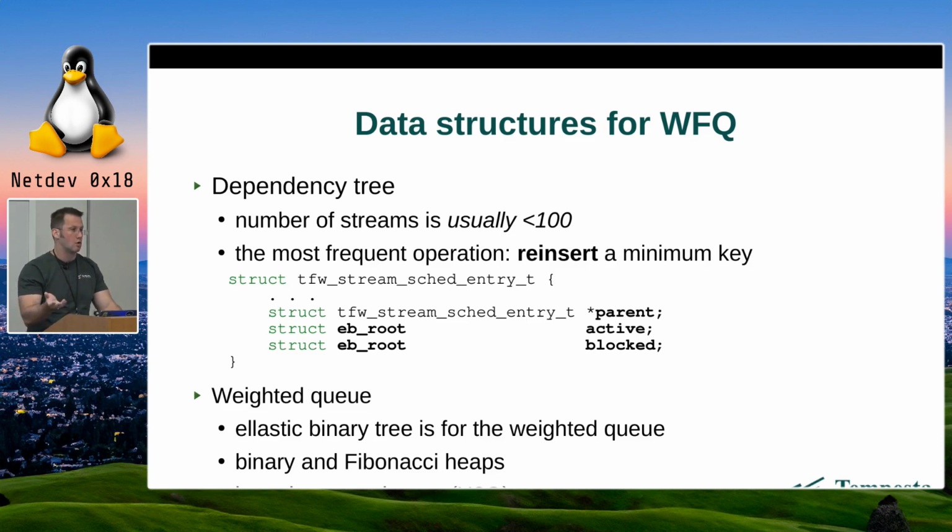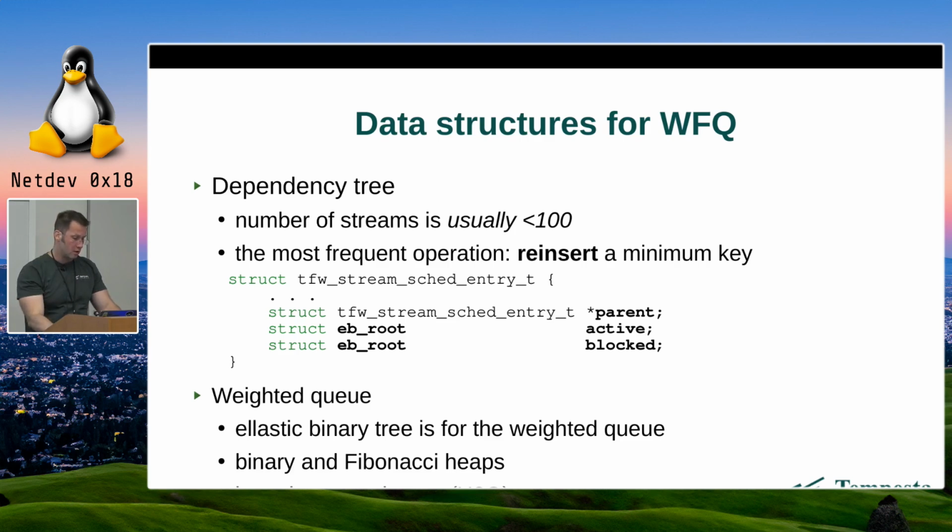The reinsertion operation is the most common operation. So we pick the next stream to send from the data structure, recompute its index by the weighted fair queuing algorithm, and reinsert it back to the queue. So the reinsertion operation is the most frequent one.